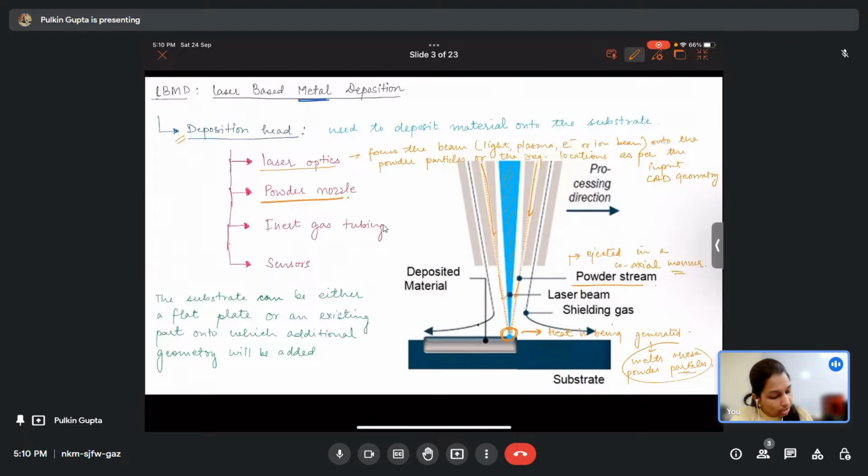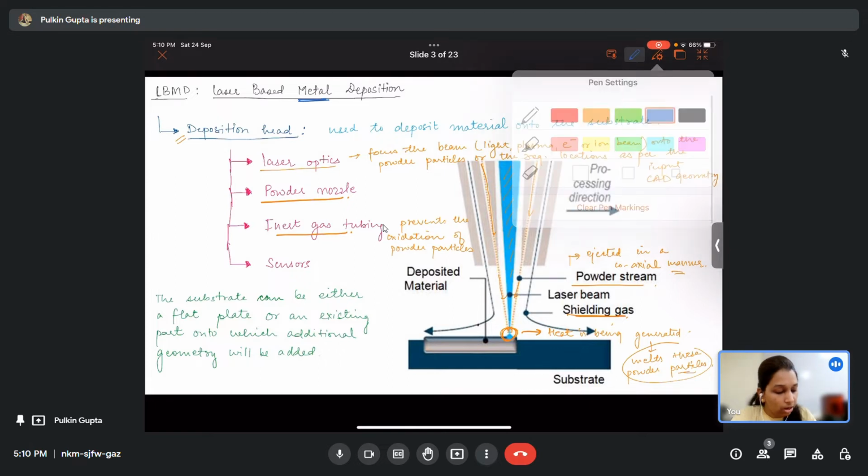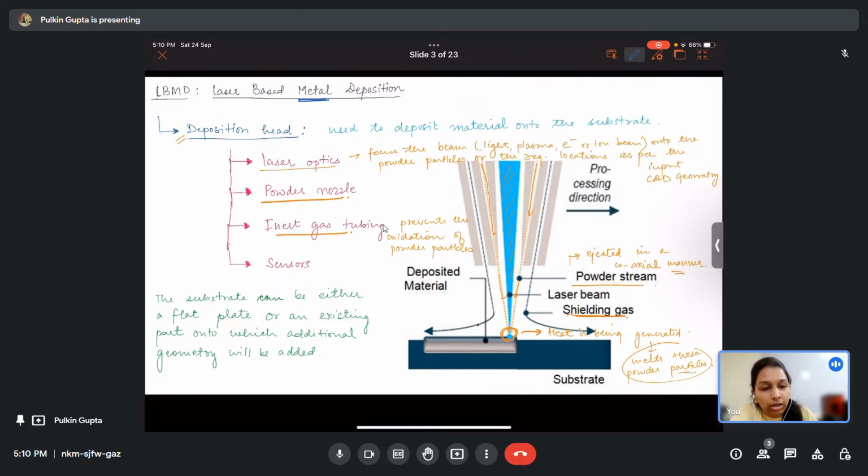So there is an inert gas tubing or shielding gas. This inert gas tubing prevents the oxidation of powder particles. If this oxidation is not prevented, it will lead to degradation of the properties.